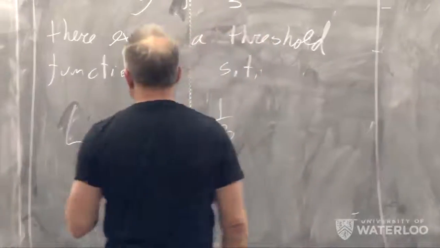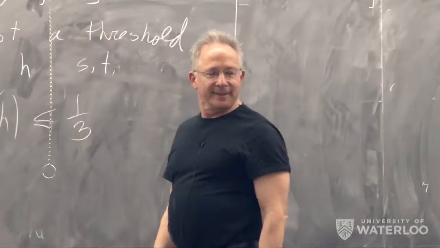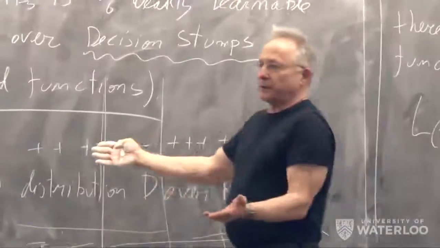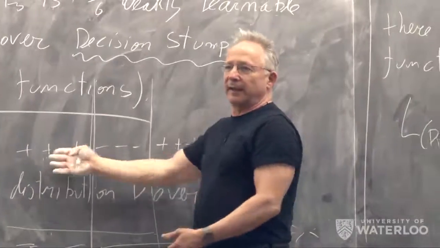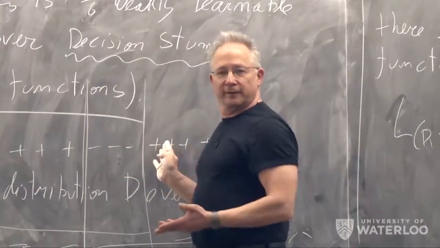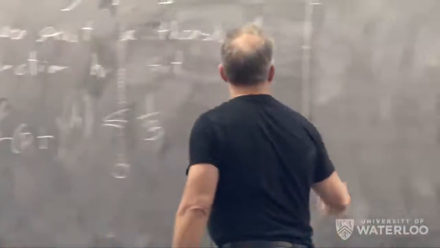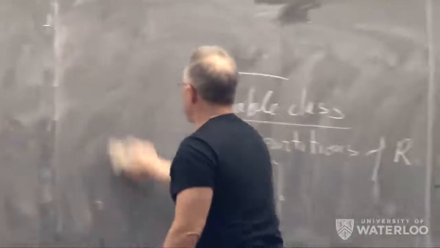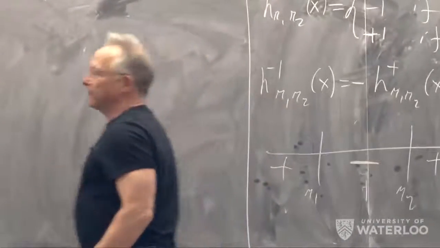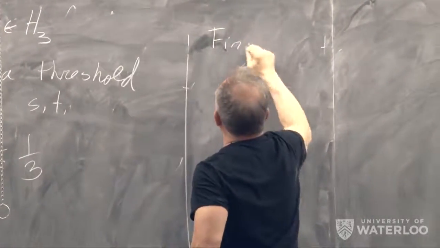But there is always a piece that weighs at most a third. Because I divided my line into 3 pieces, right? So for every distribution and every such partition, there will be one piece that weighs at most a third. Therefore I can choose a threshold that will only err on this piece. Okay, so let me write the claim first.